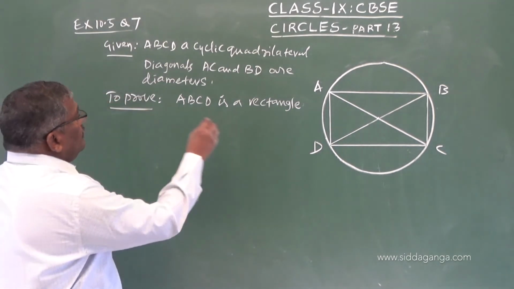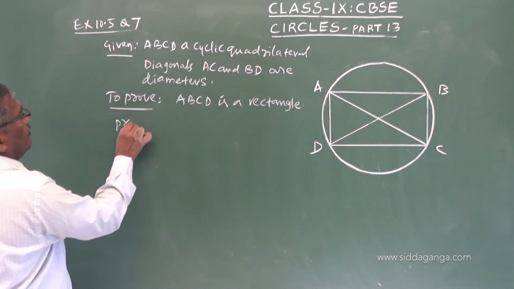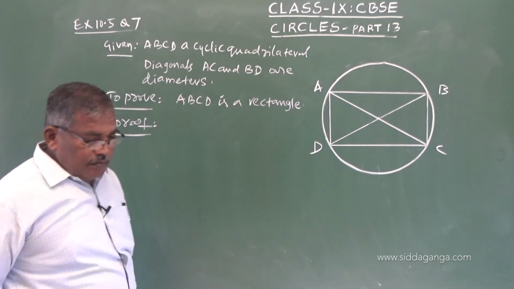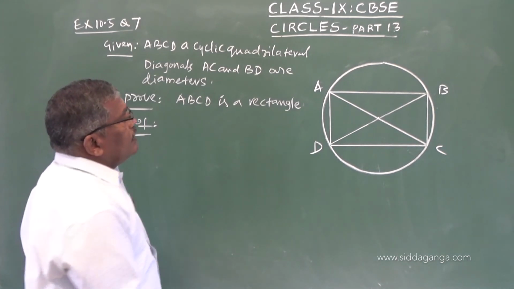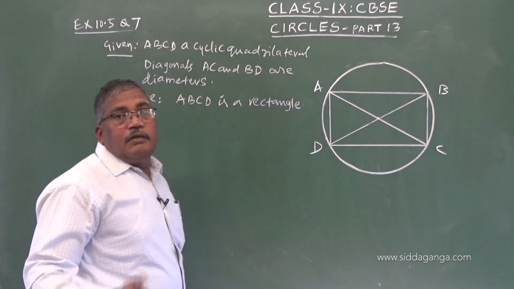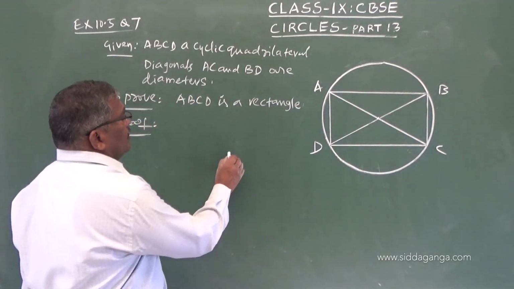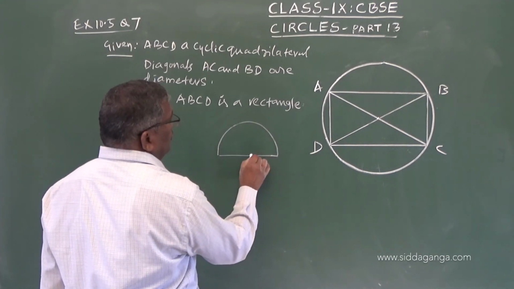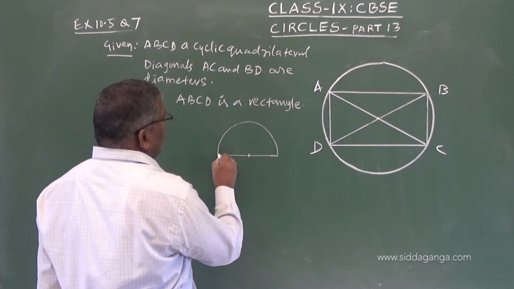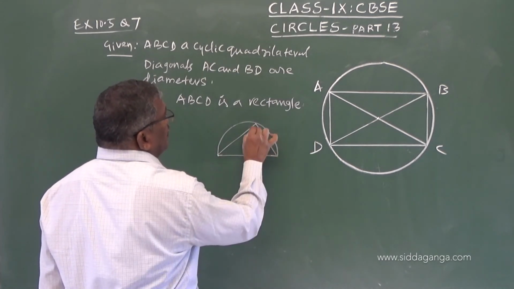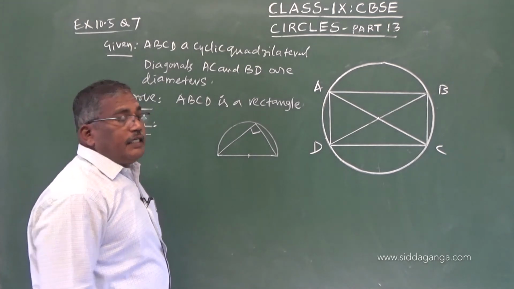Now, proof. See, we know that angles in a semicircle are right angles. Suppose we have a semicircle, so the angle subtended by the diameter at any point of the semicircle will be 90 degree.